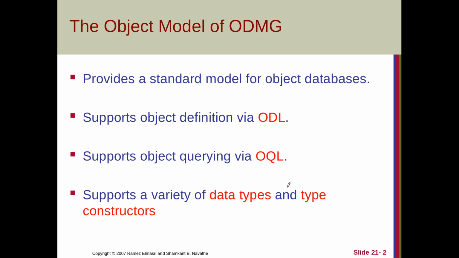In the first session we will discuss the object model of ODMG, which is the Object Database Management Group. It is a group that provides an object model which focuses on object-oriented database concepts, including the creation of definitions, like a relation table creation.